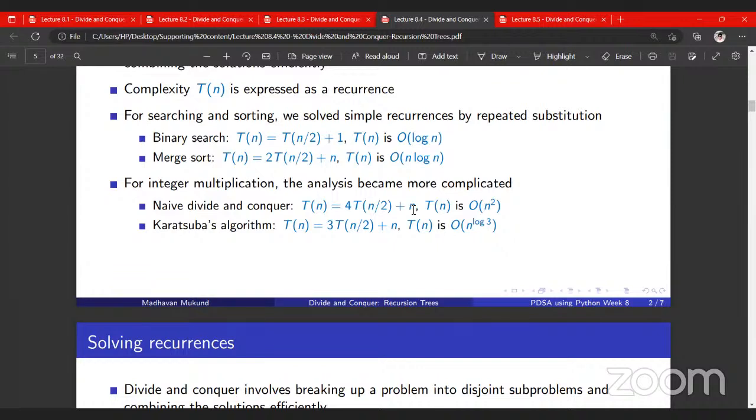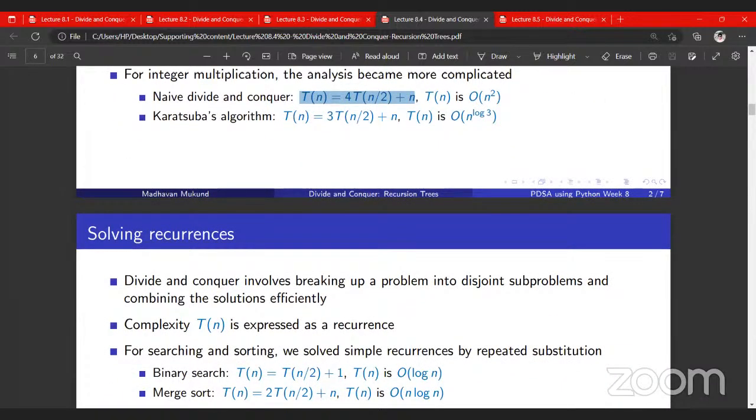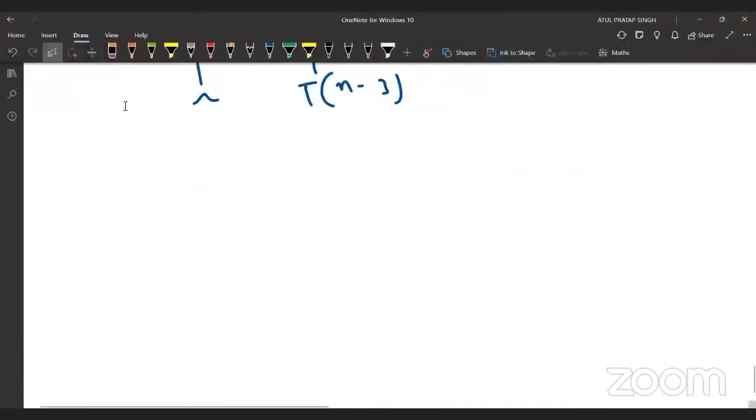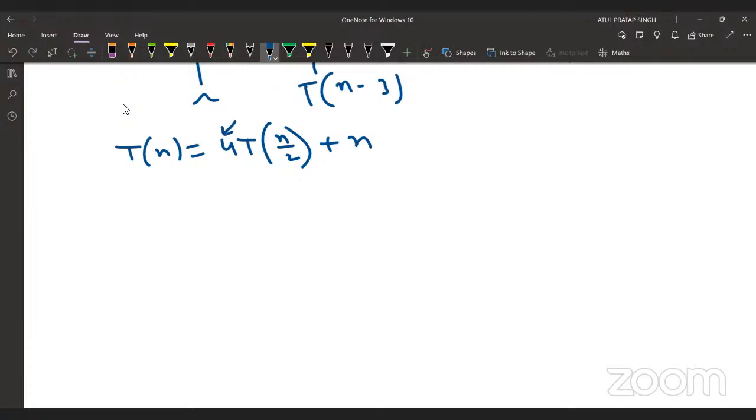So how can we draw the tree for this? Tn equals 4T n by 2 plus n. In equation form, we denote this as C and this as R, and this is Fn.